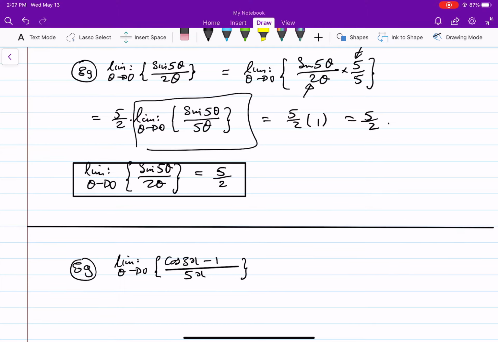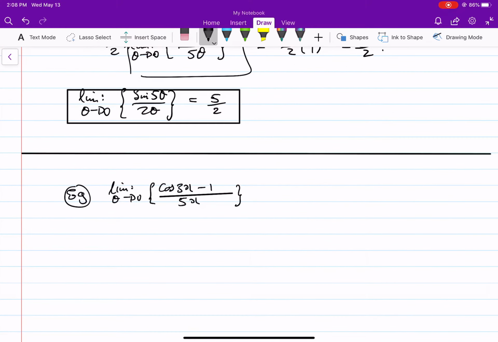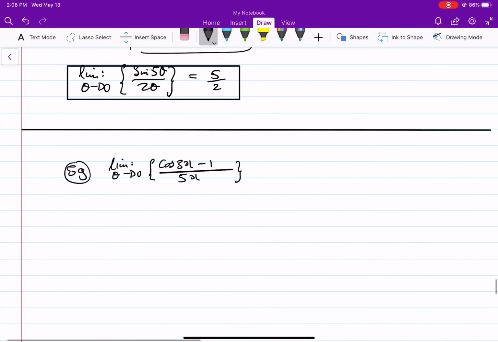My next example is this one. The limit as theta approaches 0 of cos 3 theta minus 1 over 5 theta. Let me change everything to theta, sorry.